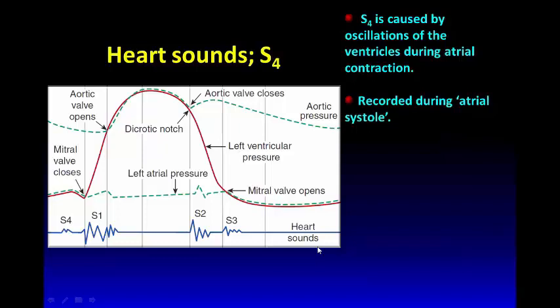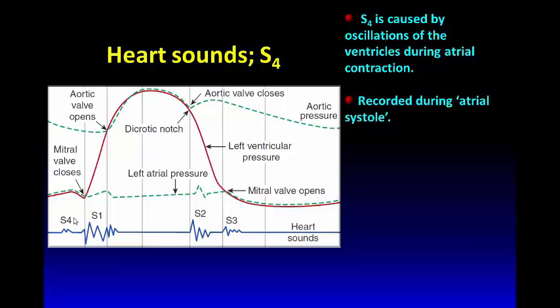The fourth heart sound can be heard before the first heart sound, and it is detected by phonocardiography. It is caused by the oscillations of the ventricular walls as a result of atrial systole, as a result of atrial contraction.